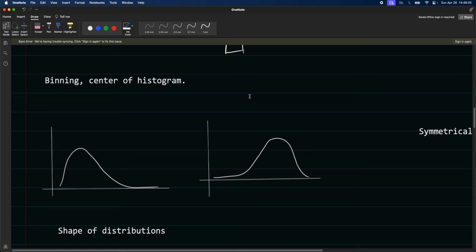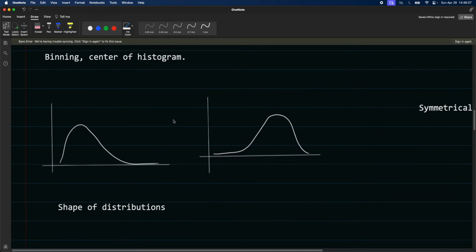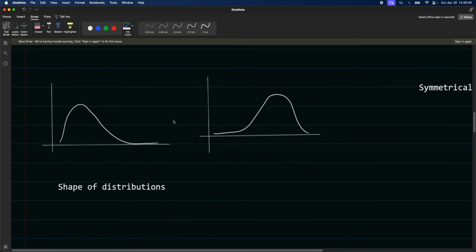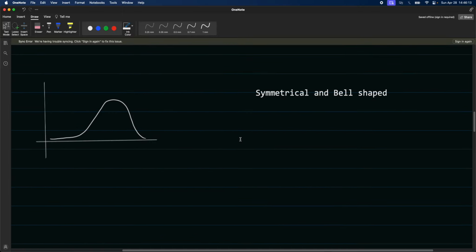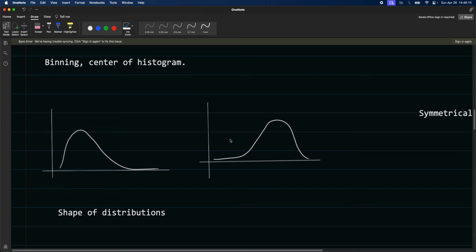Okay, there's histograms. Now we'll talk about shapes. The only four major primary shapes you need to concern yourself with are these. This one is called right skewed, and the reason is that most of the data falls on the left, and usually there's this odd data point here that doesn't belong, skewing the entire distribution to the right.